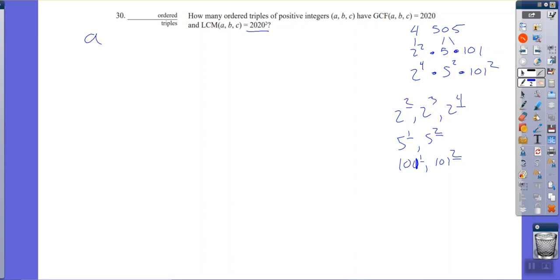A is going to be 2 to the 1st plus some other number that is 1, 0, 1, or 2. And I'll call that extra number x. And then it will also have 5 to the 1st plus another number.